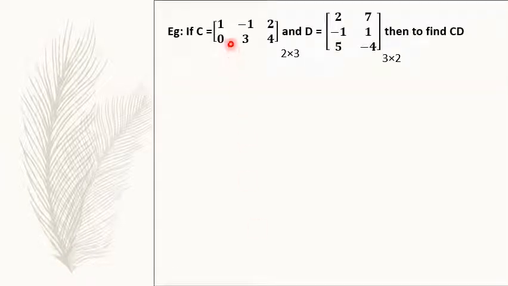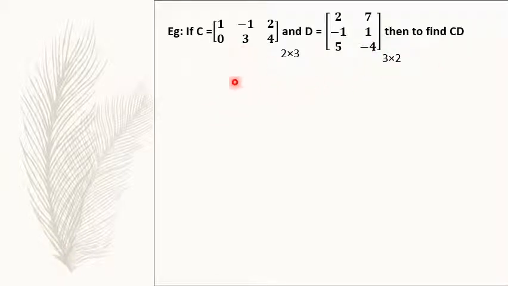Here, two matrices C and D are given. To find CD, first we need to check whether the number of columns of C is equal to the number of rows of D. Here, C is a 2 by 3 matrix and D is a 3 by 2 matrix. That is, the number of columns of C is equal to the number of rows of D. So, we can find CD.